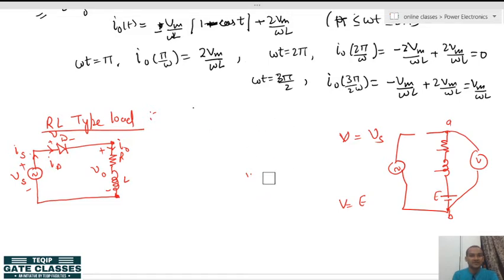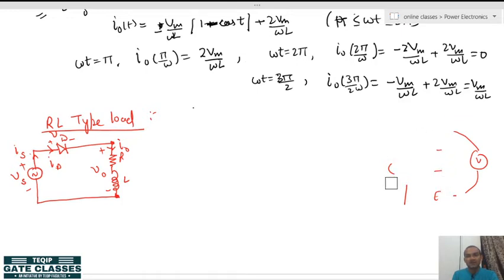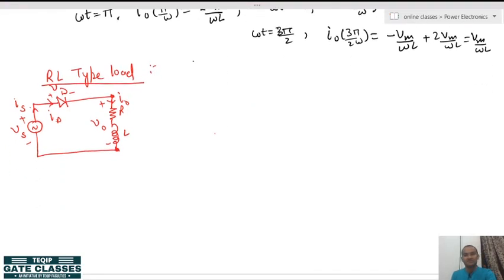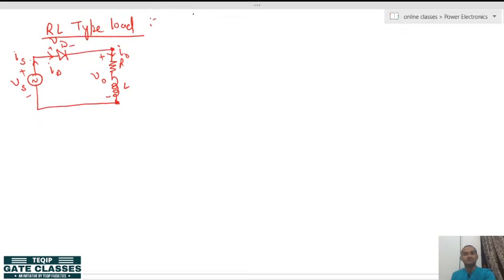So let's discuss the RL type load. If you are clear with the pure inductive load and the nature of the inductor, then this type of load becomes very easy to understand. It's not very difficult. So let's draw the circuit first. Oh, I have already drawn the circuit. Let's start with the waveforms.